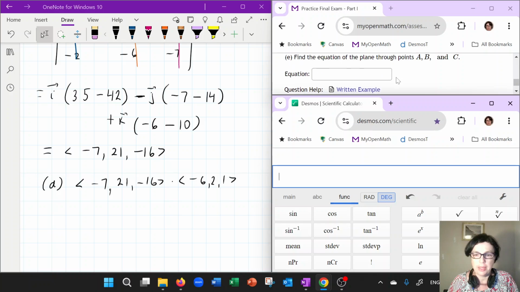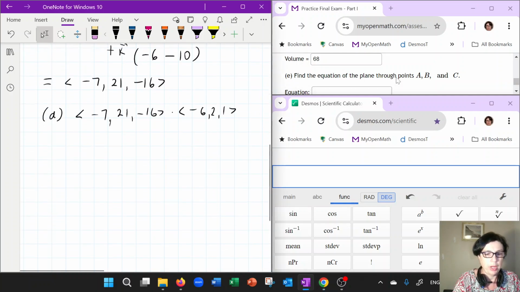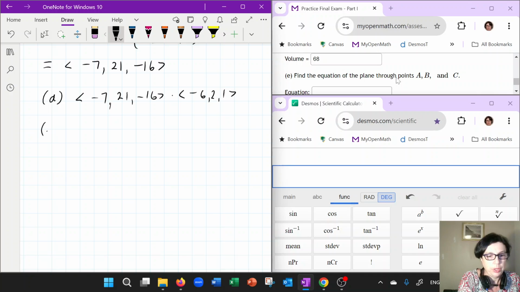Okay, I think the last question here deals with the equation of a plane through points A, B, and C. How do I do that? Well, in order to write down the equation of a plane, I need two things. I need a normal to the plane, and I need a point. So the normal to the plane would be a vector, and there will be some point P with coordinates, let's say x0, y0, z0.